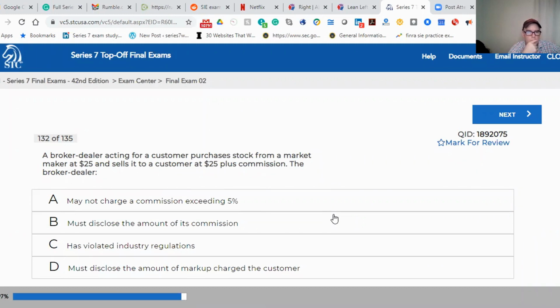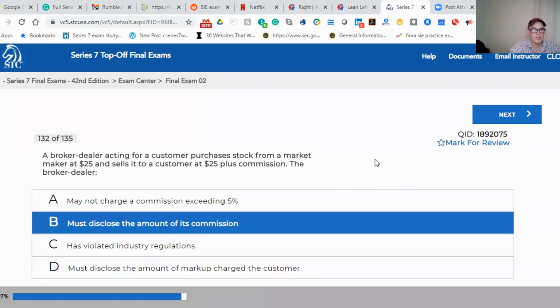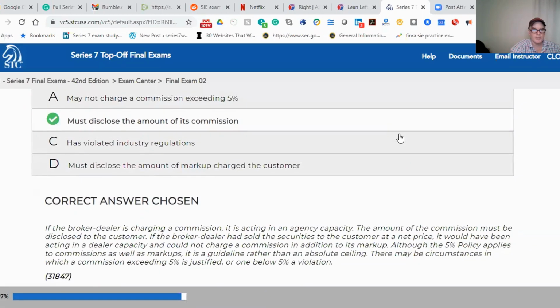The broker-dealer must disclose the amount of markup charged to the customer? I don't like this question. Ooh, he hasn't violated anything. Unless there's some weird question. Got to disclose the commission. I agree. Yeah, it's a weird question, okay?